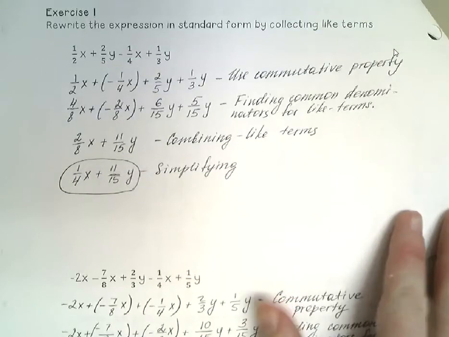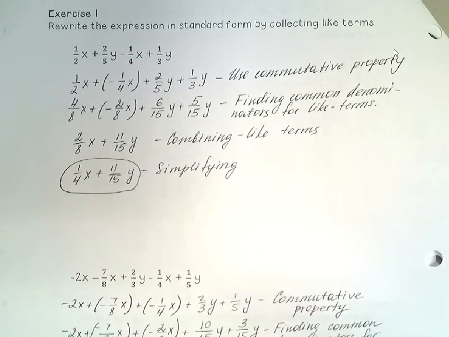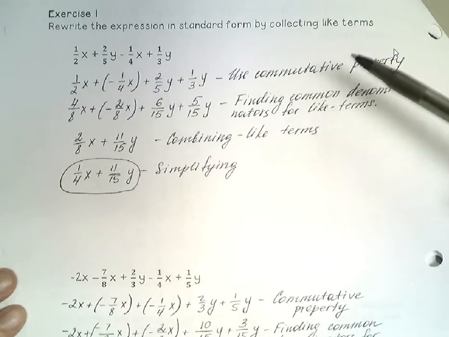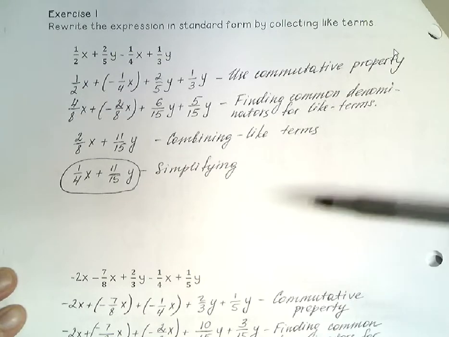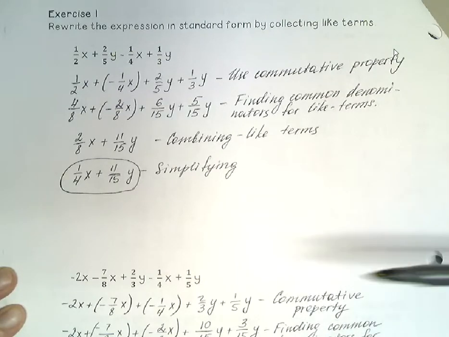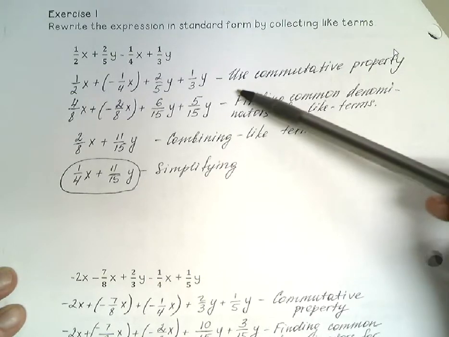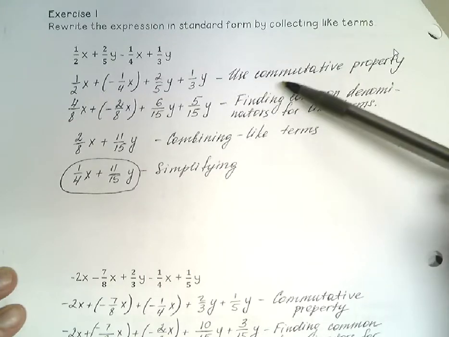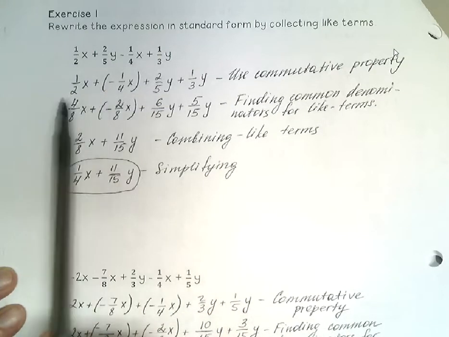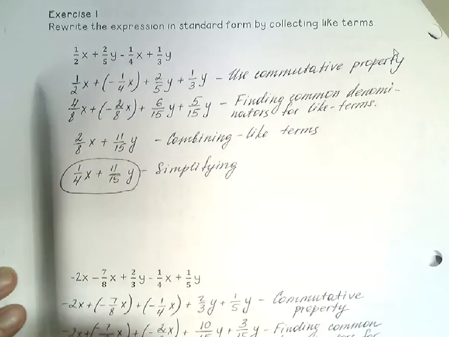Okay, so I'm in exercise 1, and I wrote all the steps for you. It took me about 15 minutes, so plan on spending some time on this exercise 1. I really showed you all the steps. So first I used commutative property to switch x's and y's around to have x's on one side, y's on the other side.